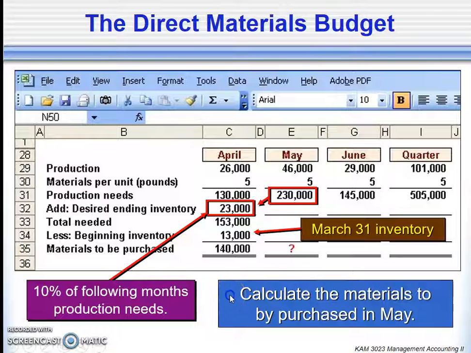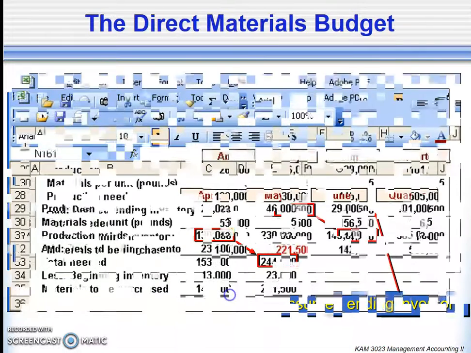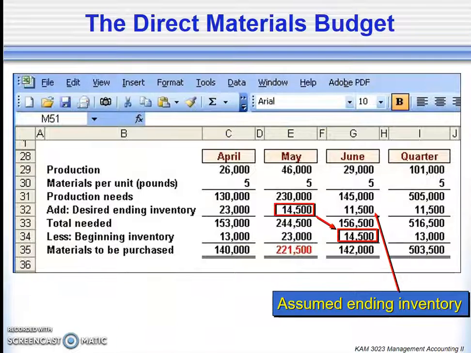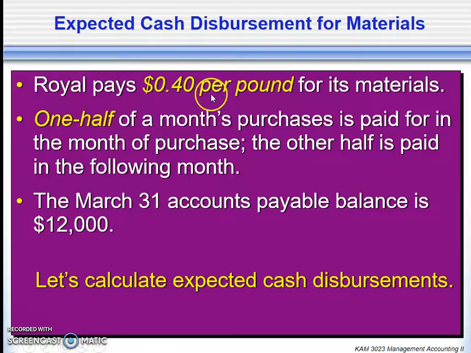Okay, we calculate for the other months also. The ending inventory here will become the beginning inventory in May. So it is the same for the other months, and we get the materials to be purchased. Royal pays 40 cents per pound for its materials.